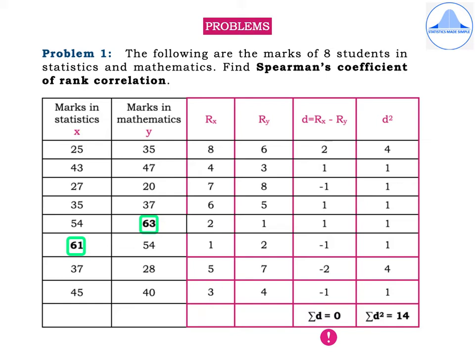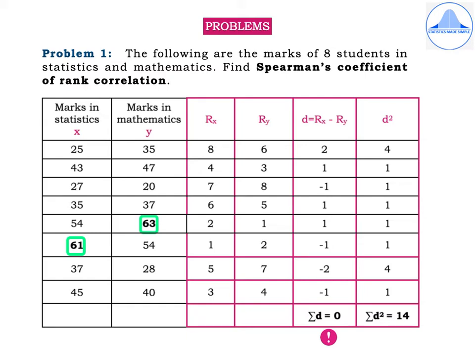Now we need to rank the values in the first column as well as the second column. By ranking, we mean that the highest marks will get the rank as 1 and the next highest will get the rank as 2, and it continues in a similar way till we assign the ranks for all the values.